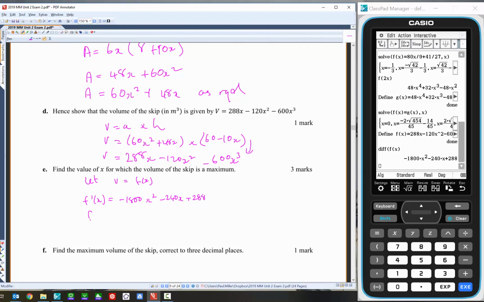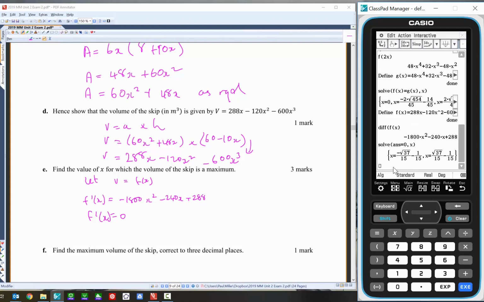Now what we're going to do is say f dash x equals 0 because that's where the maximum is going to occur, at a 0 gradient point. So we're going to solve f dash x equals 0 for x. Right, and we've got two solutions here. So x is equal to plus or minus root 37 on 15 take 1 over 15.